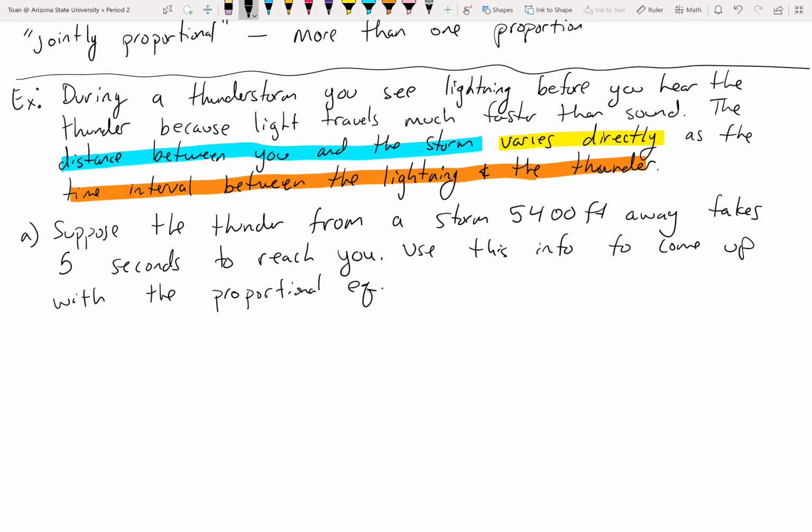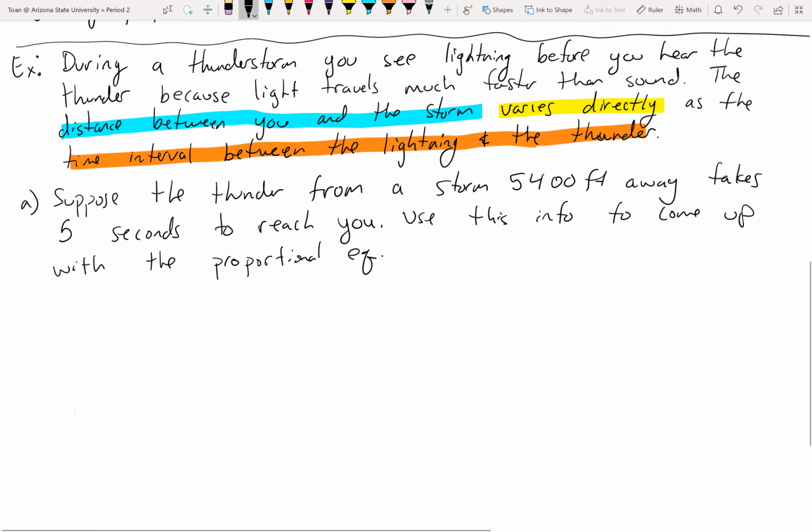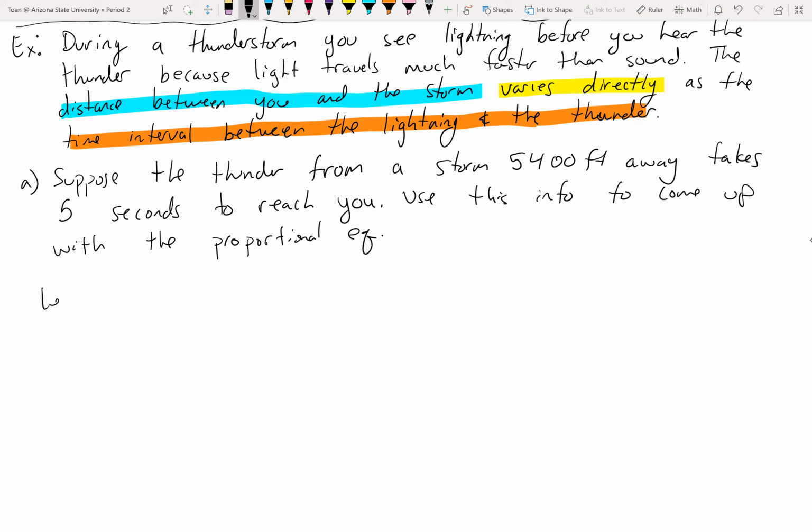That's a lot of writing. The blue and the orange, I'm going to call it orange. So let's use variables, shall we, to make things simple. What variable should we use for the distance between you and the storm? How about D for distance? Makes sense.